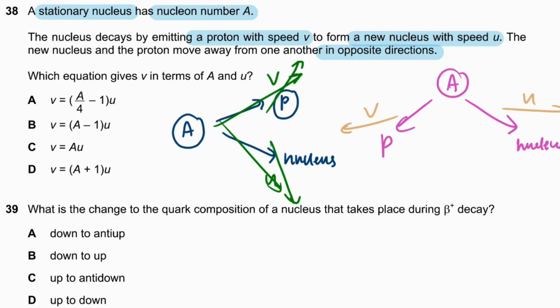So both visualizations are correct. It just depends on your perspective, on how you see it. But as long as you visualize it as if the proton and the new nucleus move in opposite direction, you are good to go. So both is fine.